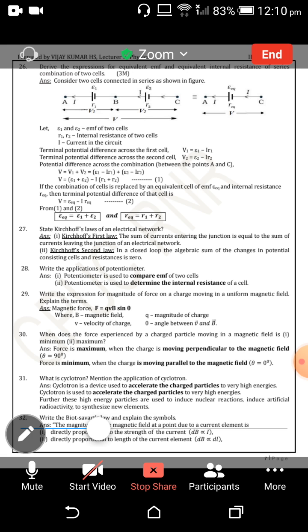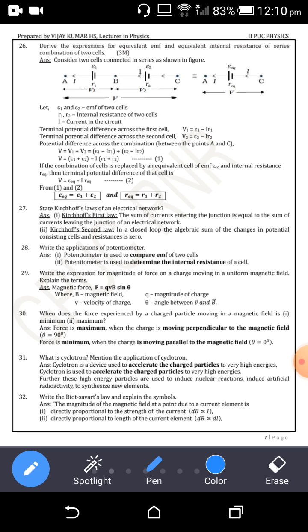Similarly, derive the expression for equivalent EMF and equivalent internal resistance of series combination of two cells. Now it is regarding the combination of cells connected in series, so we need to derive an expression for this. You can see in the figure we have taken two cells where the EMF of cell 1 is E1, whereas the EMF of cell 2 is E2.